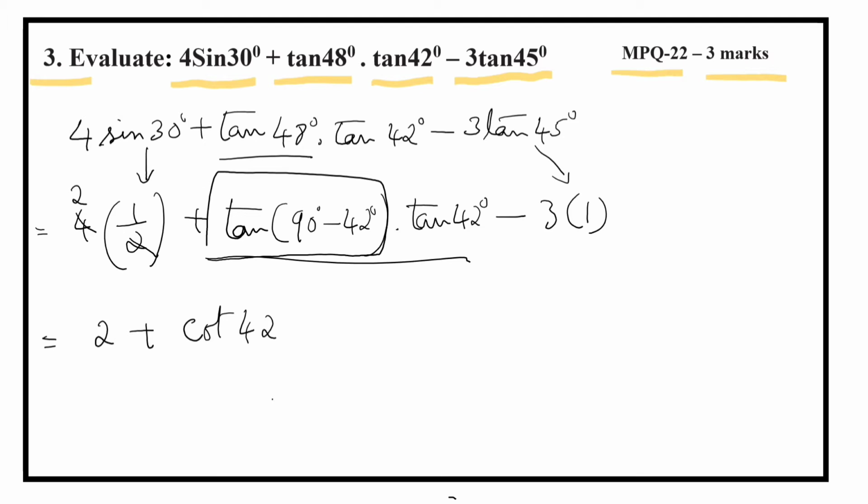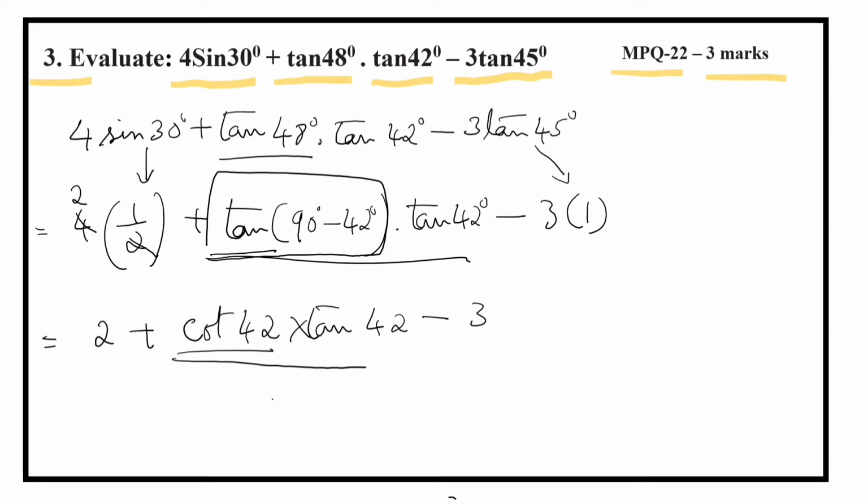Why? Tan and cot are complementary ratios. Tan 90 minus theta is equal to cot theta. So, into tan 42 minus 3.